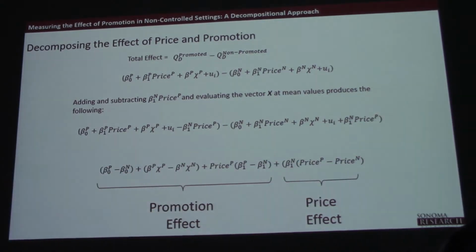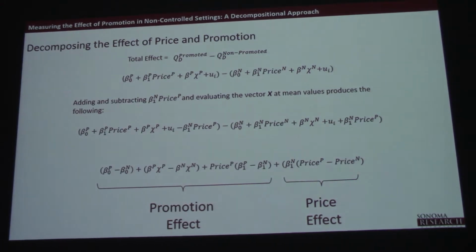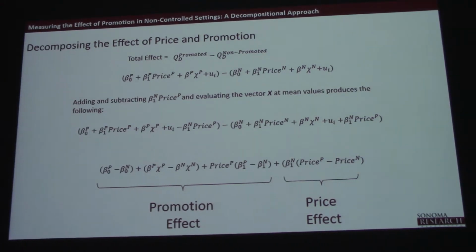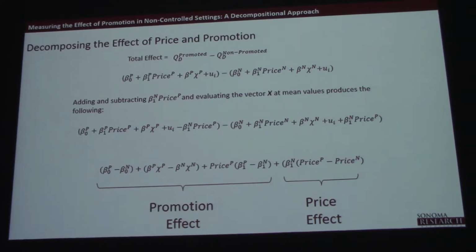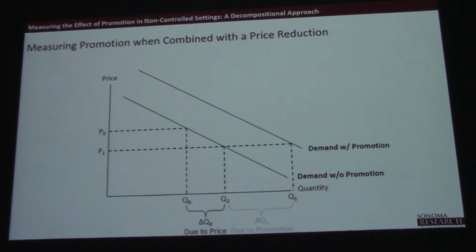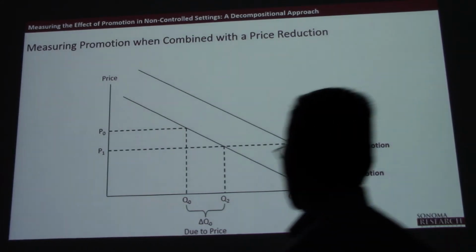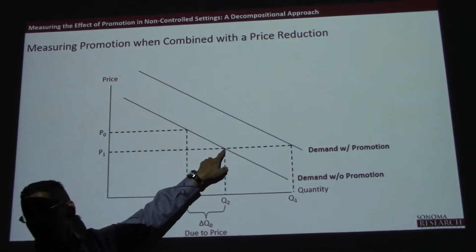How did you find that, like that hypothetical price after the promotion? One more time? The beta price P. Oh, how did I find that? Essentially, I wanted this point here.